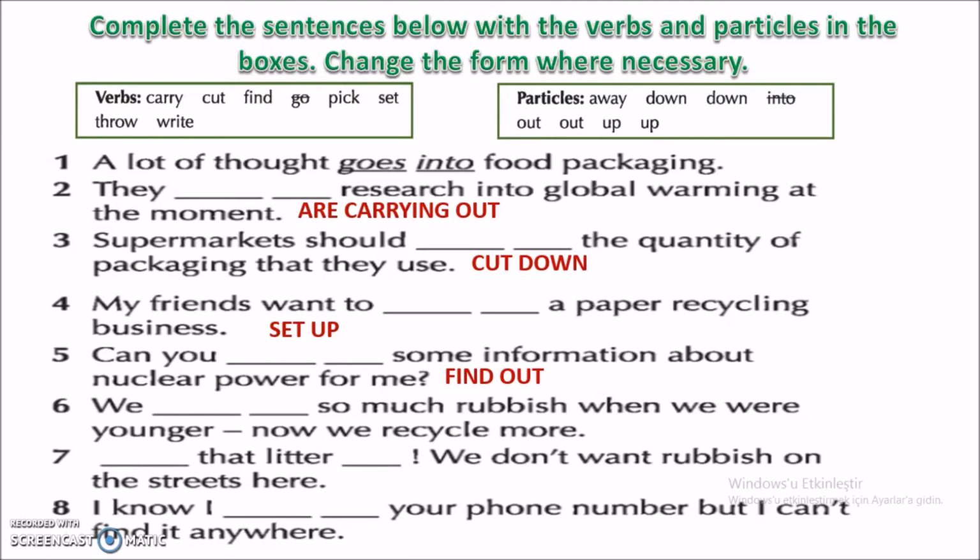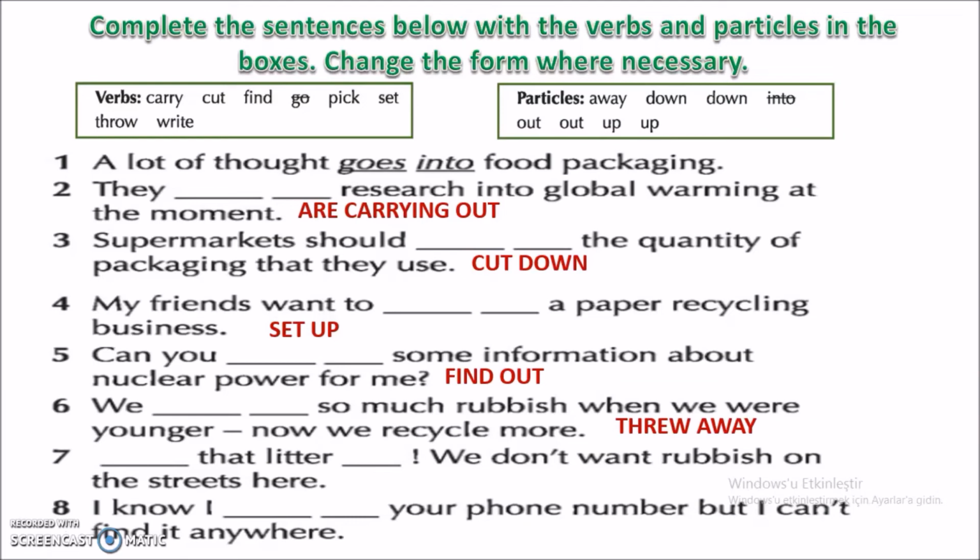Number 6, we something so much rubbish when we were younger. Now we recycle more. So we used to do something in the past when we were younger. So I would say we threw away. This is the past form of throw away. So this is how you would change the form into past tense.